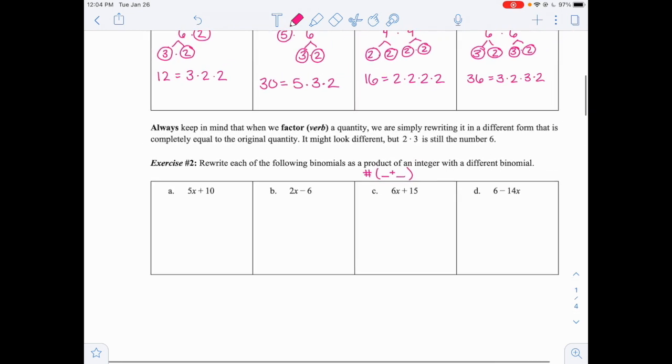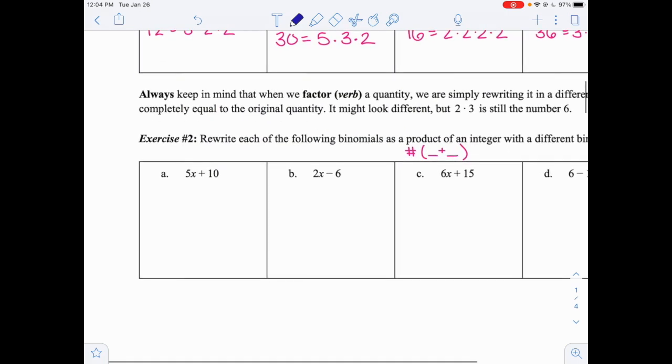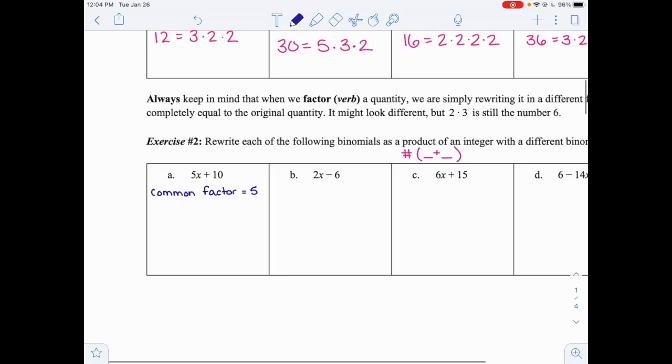So here I have 5x plus 10. And the first thing I need to do is figure out what the common factor is. Like, what number can I remove from 5 and 10 without getting a fraction, right? So the common factor here is 5, because I can divide 5 and 10 evenly by 5 without getting a decimal or a fraction.